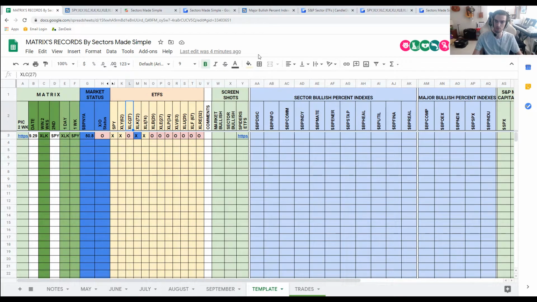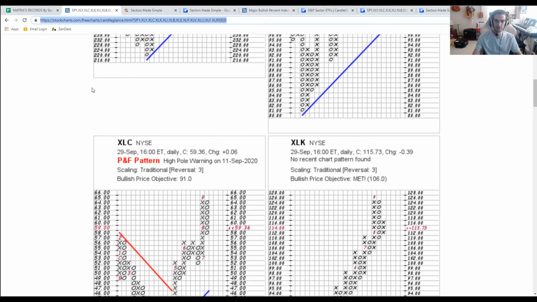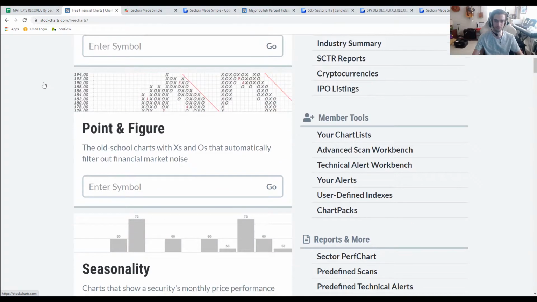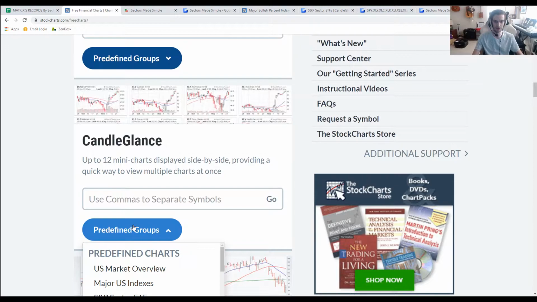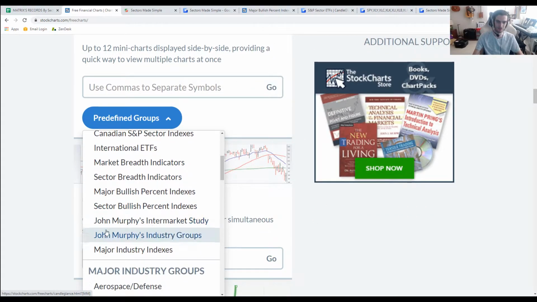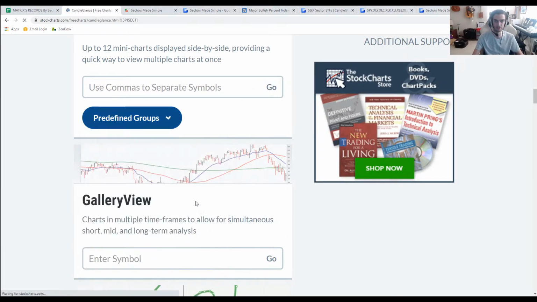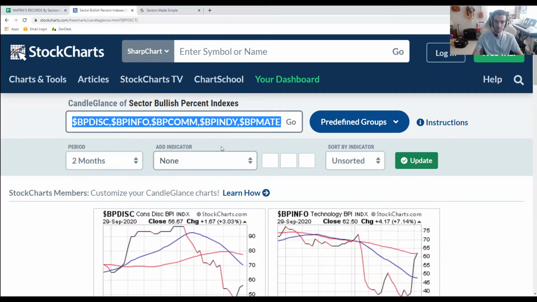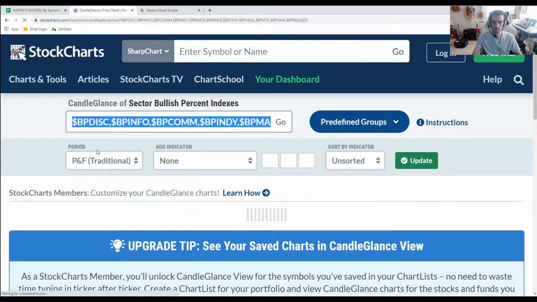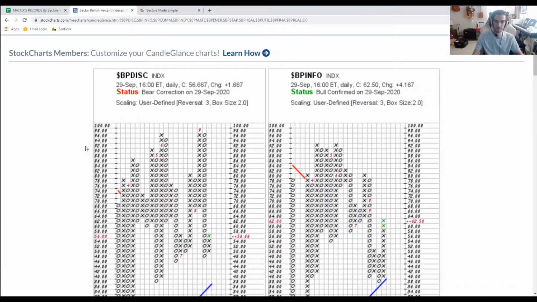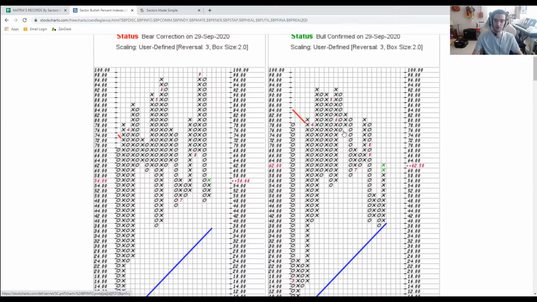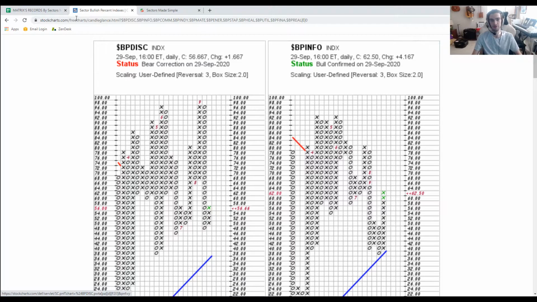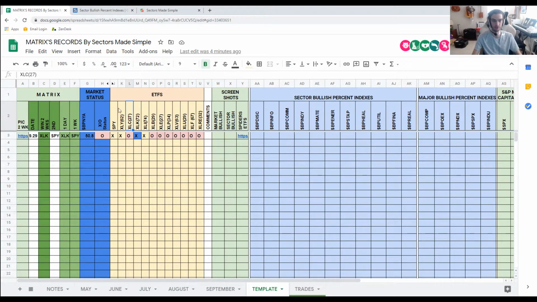So when you look at the bullish percent here under charts and tools, candle glance, sector bullish percent indexes, when you click here and go to P&F traditional, use these numbers in parentheses.